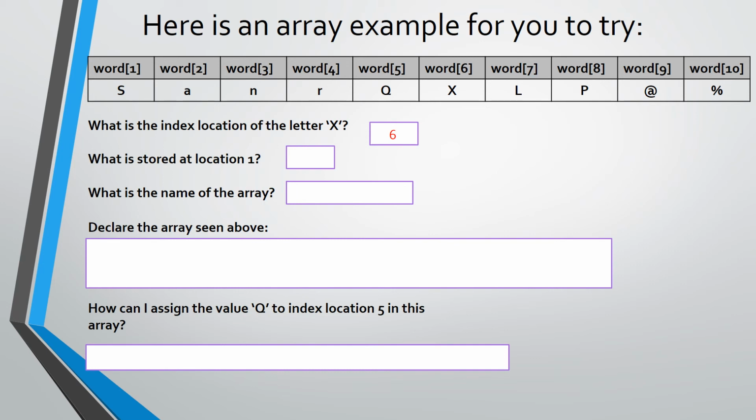So letter X is in location 6. What is stored in location 1? S. What is the name of the array? Word. Declare the array seen above. I checked to see if they were able to do all of this, and also if they would remember to put a semicolon at the end here.